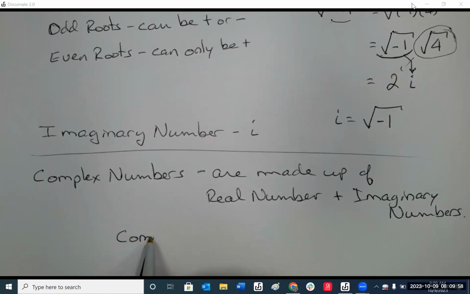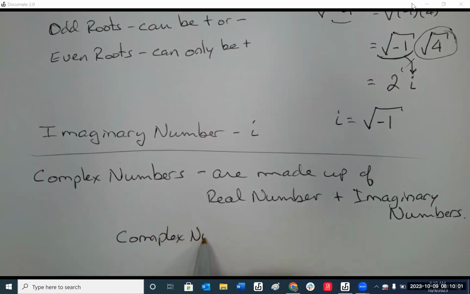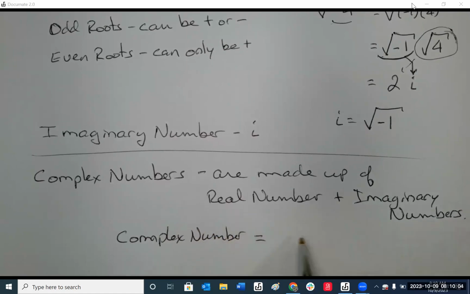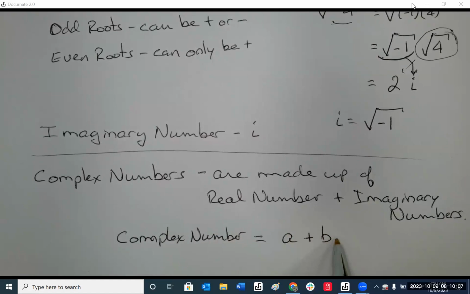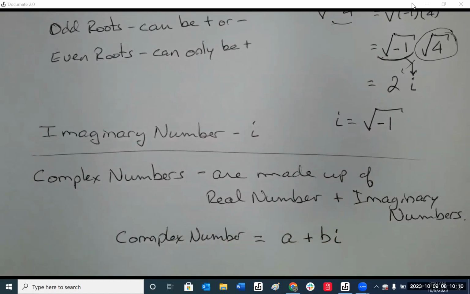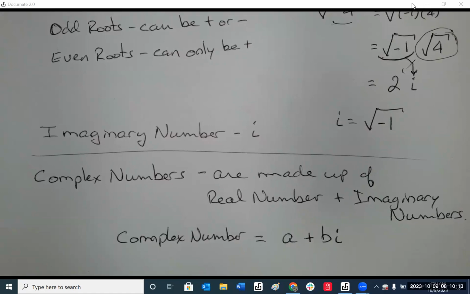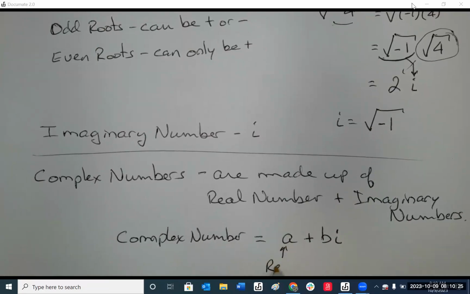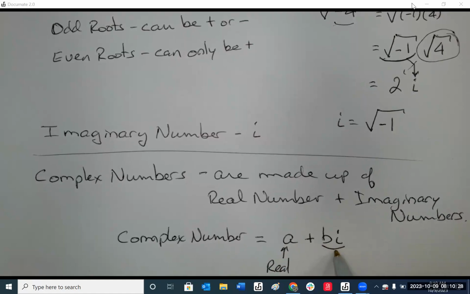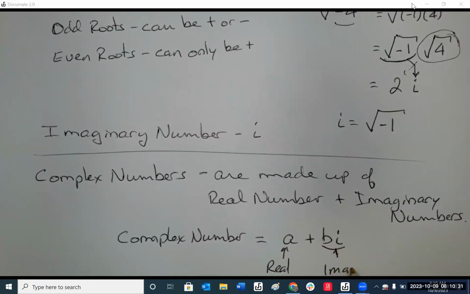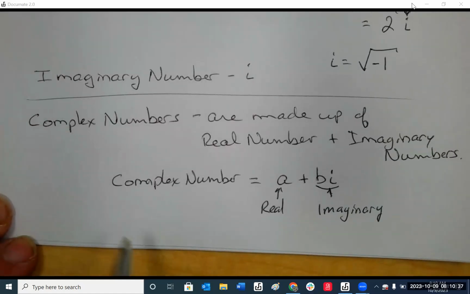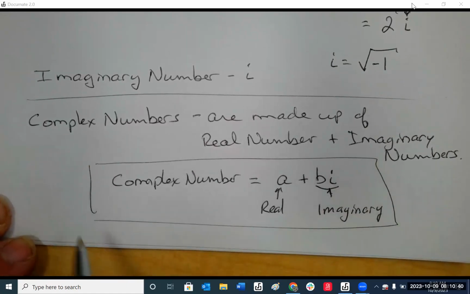So a complex number looks like this: A plus BI. Every number we can think of can be written in this form, where A is the real number and this number is the imaginary. So a complex is made up of a real and an imaginary number.